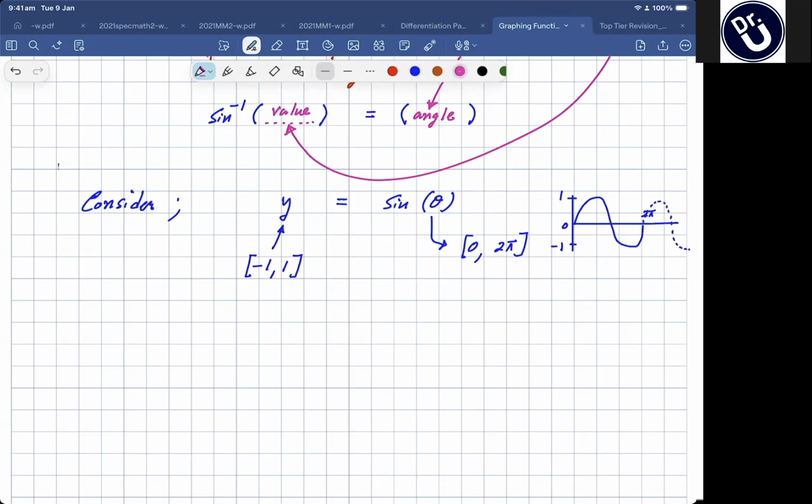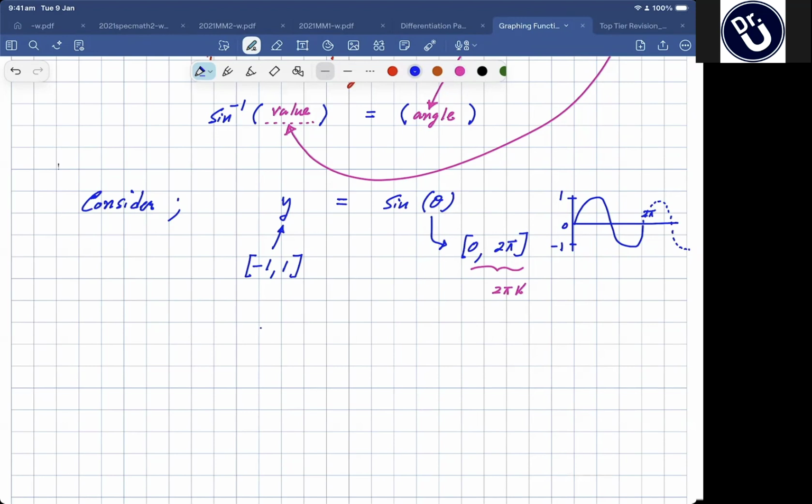And if you want to generalize it for both of them, you can add 2 pi k, right? And you can extend the period, right? So that's fine.